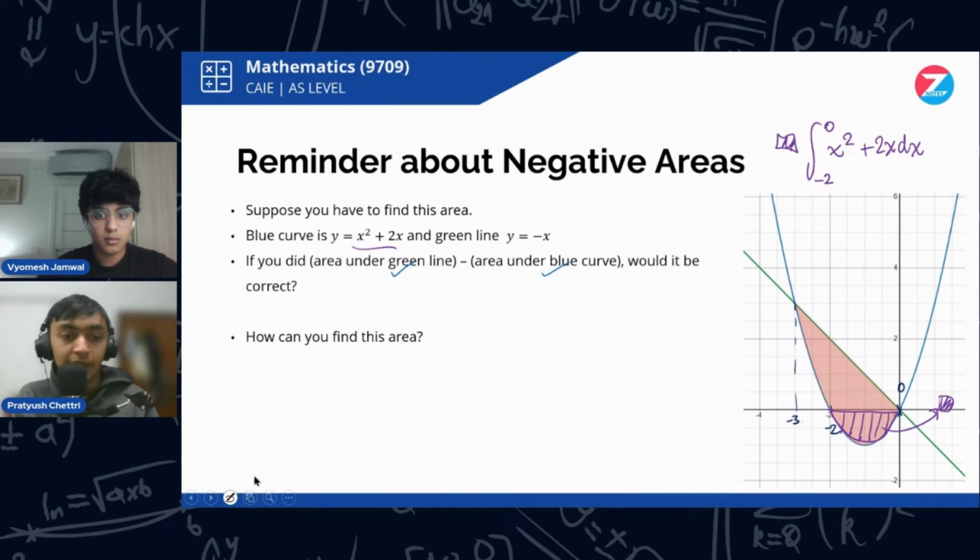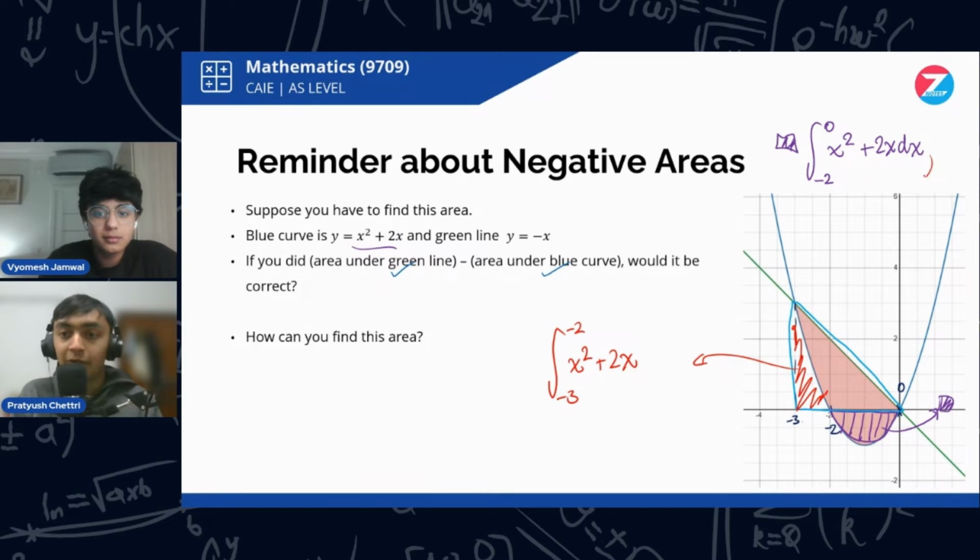I'll change color here. Light blue. One way I could do this is I'd take the area of this triangle here, and from that triangle, I can subtract, different color, this area here, wait, red. This area here is the area made by, again, that curve, from minus 3 to minus 2.